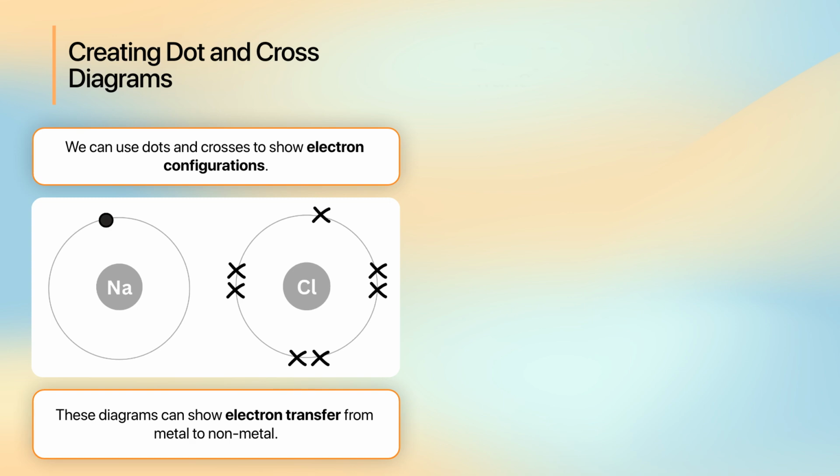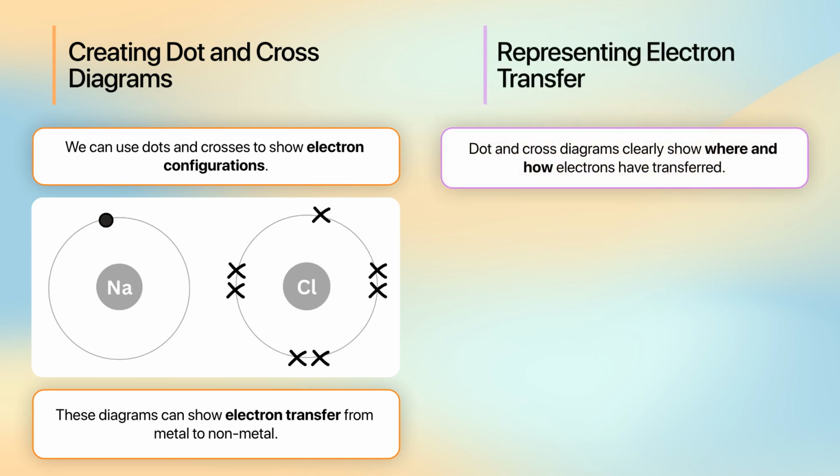Next, we visually represented the transfer of electrons, showing how sodium loses its 1 valence electron to achieve a stable electron configuration, while chlorine gains this electron to also reach stability.